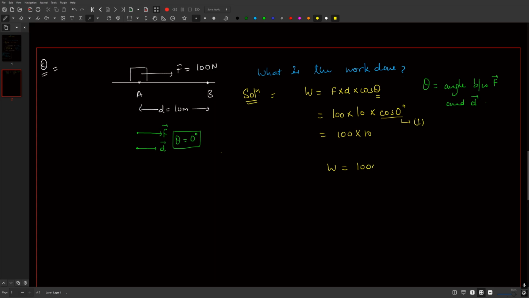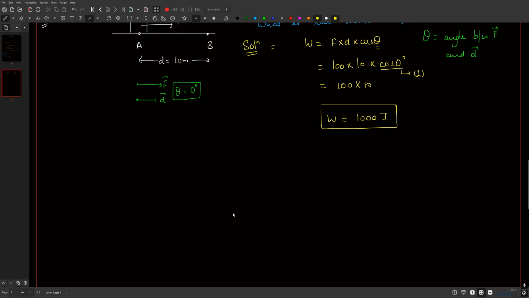This is 1000 joules. That is the work done by this force. Now, you can calculate work done by any force which is available in the system. It is not just that there are only certain forces with which you can calculate work. Whatever force is present in the system, you can use the following expression and find out work done due to that force, if there is any.